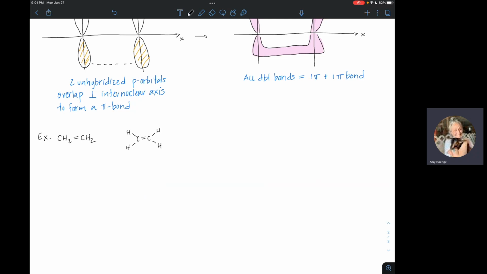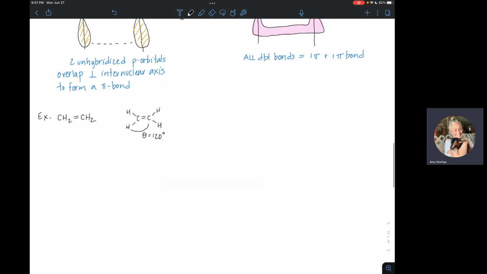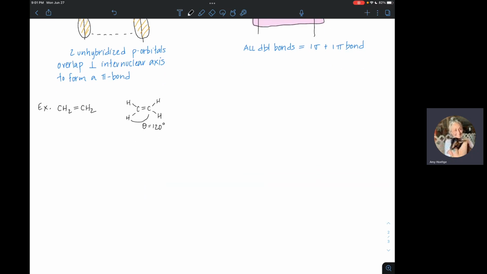The bond angle is 120 degrees. So here you have theta is 120 degrees-ish, right? And you remember from Gen Chem, because now each one of those carbons has 3 electron groups around it, right? I've got 2 single bonds and a double bond. That's 3 electron groups. We have a 120-degree bond angle.